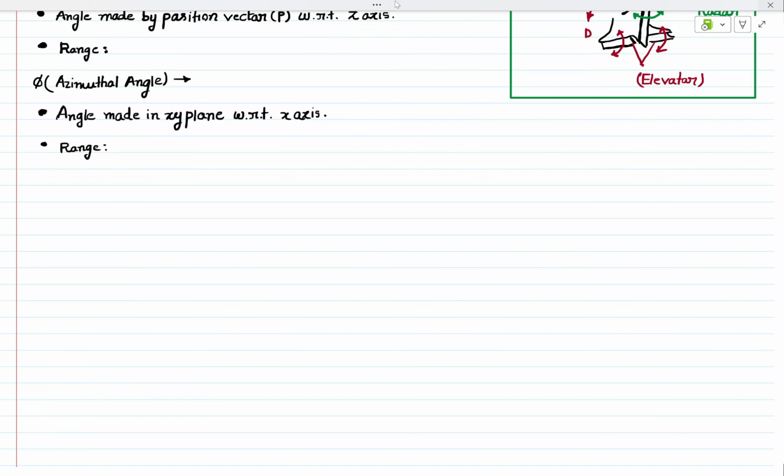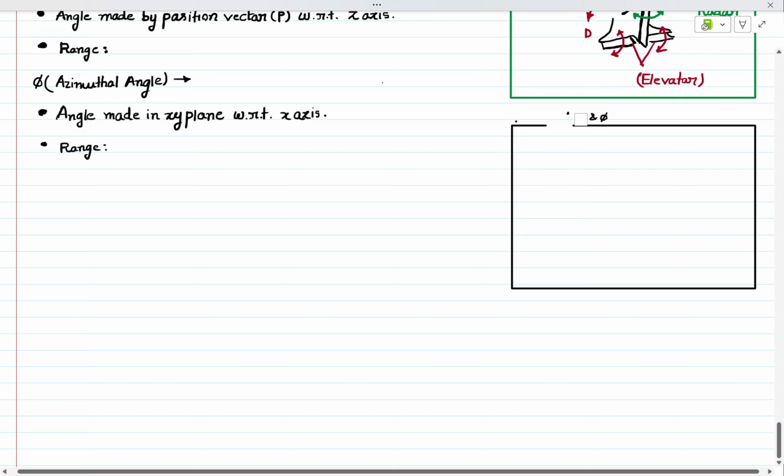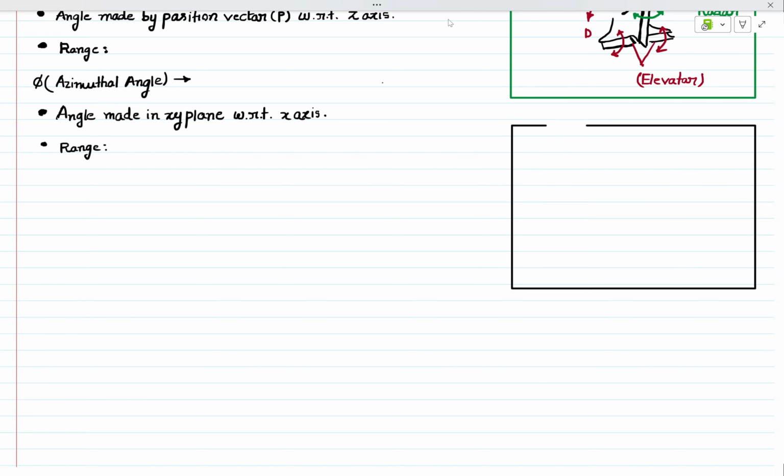So let me box it. The concept is about range.